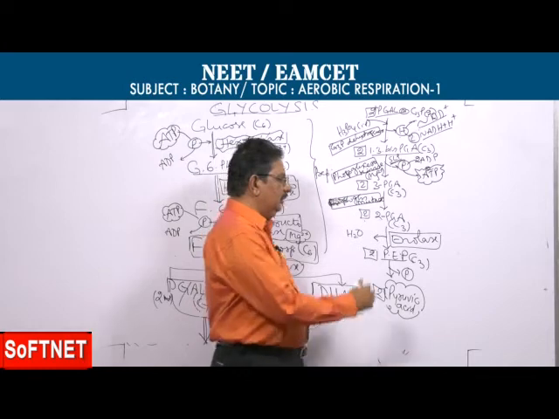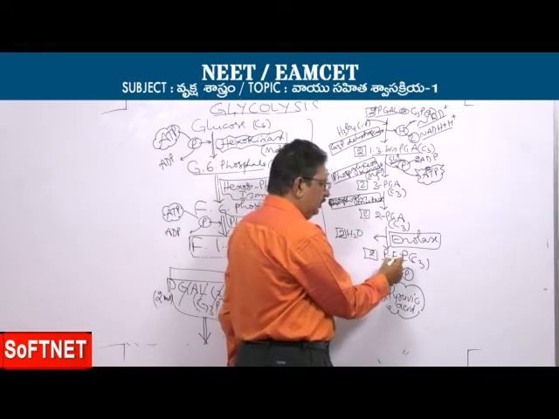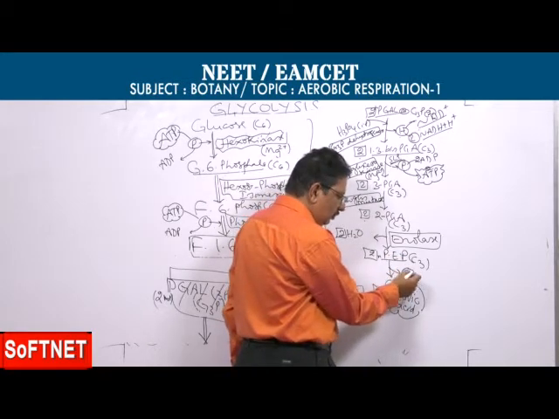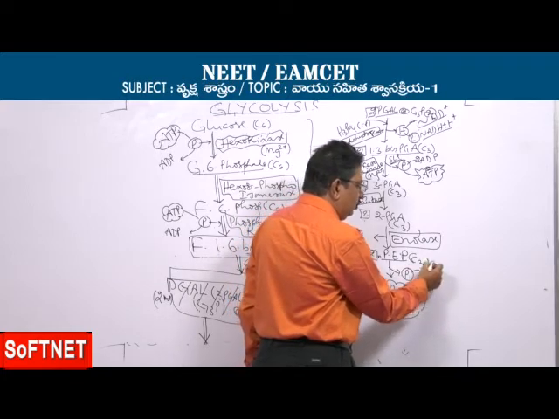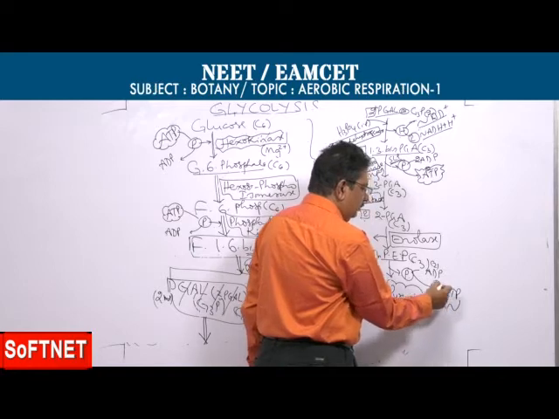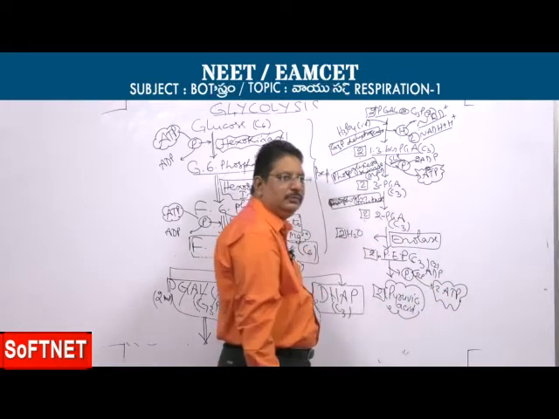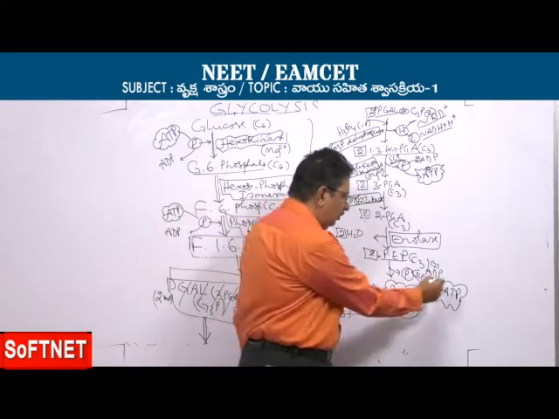Finally, two water molecules. So, 2 molecules of phosphoenol pyruvic acid undergo one more dephosphorylation, taken by 2 ADP, converting into 2 ATP. So, one more time there is an SLP step, where ATP is formed.